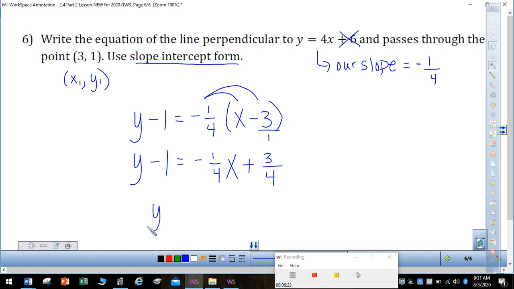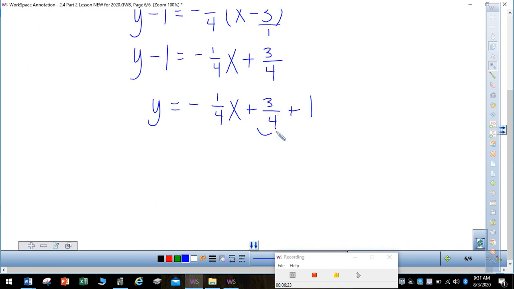Then we're going to get y by itself by adding 1 to both sides. So I'm actually going to write this as plus 3/4 plus 1. We're going to get a common denominator here to add the 3/4 to the 1. So 1 is actually the same as 1 over 1. And to get the denominators the same, we'll go ahead and multiply the top and bottom here by 4.